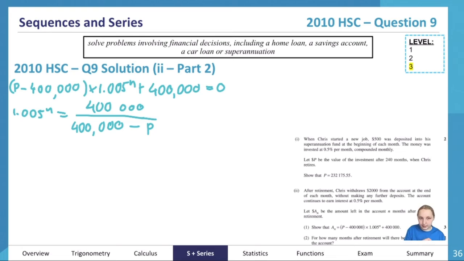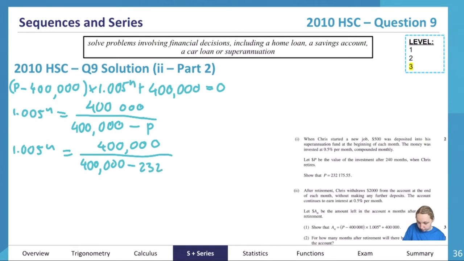Then sub that P back in. We get 1.005 to the N equals 400,000 all over 400,000 subtract 232,175.55.